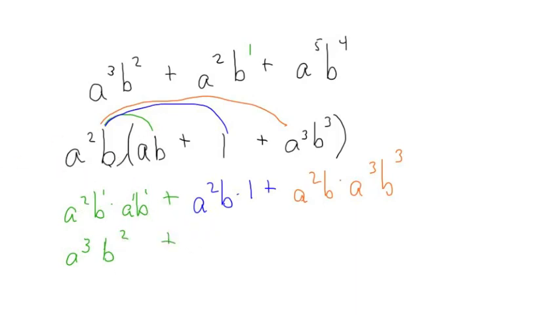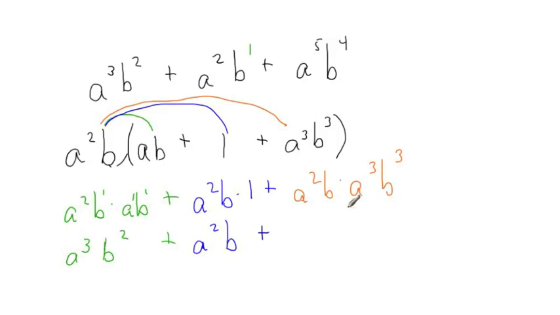Plus, this is a squared times b times 1, and anything times 1 is itself, so this value will not change. That'll remain a squared b. I will add that to a squared times b times a cubed times b cubed. Again, I'll multiply the like bases and add the exponents.